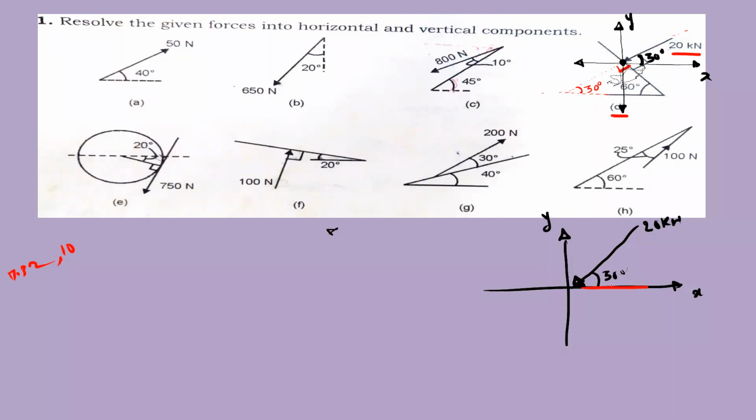So draw the x component, this is Fx. Draw the y component, this is Fy. Here, just assume the 20 kilonewton as F. Fx is adjacent to the angle 30 degrees, so it is F cos theta, and the Fy component is opposite to the angle 30, so it becomes F sin theta.